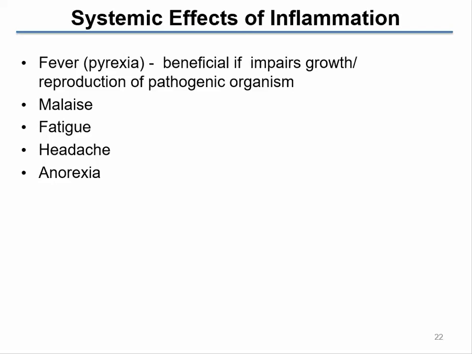Now, systemic inflammation can go from being fairly mild to being quite severe. When it gets quite severe, it actually turns into something called SIRS, which is systemic inflammatory response syndrome. This is when all of these things go crazy and will actually lead to shock, and can be very, very, very dangerous.